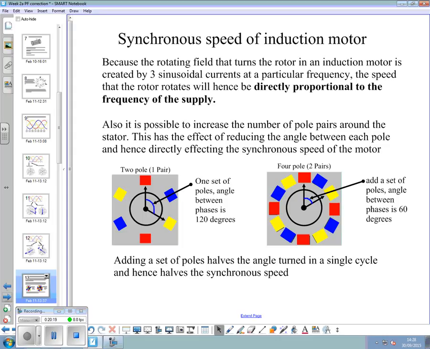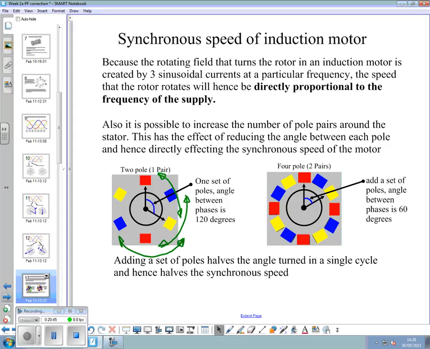There's 120 degrees between phases. So we've got 120 degrees between red and yellow. We've got 120 degrees between blue and red. And we've got 120 degrees between yellow and blue, effectively.